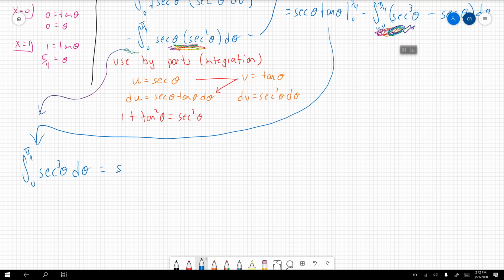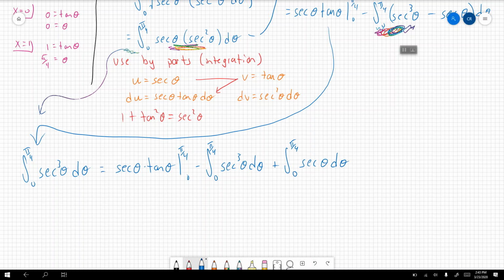The right-hand side was secant of theta multiplied by tangent of theta evaluated from 0 to pi fourths minus, I'm going to break up that integral. That's going to be the integral from 0 to pi fourths of secant cubed theta d theta, distribute the negative, and that's going to be positive for the integral from 0 to pi fourths of secant of theta d theta.